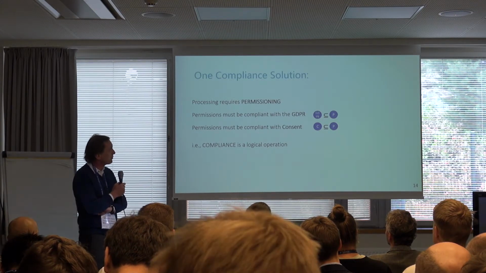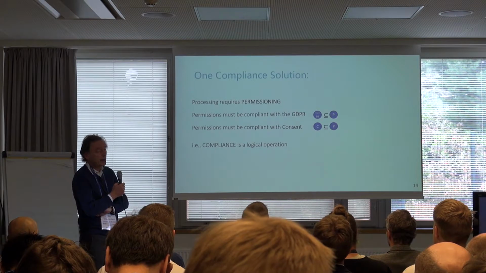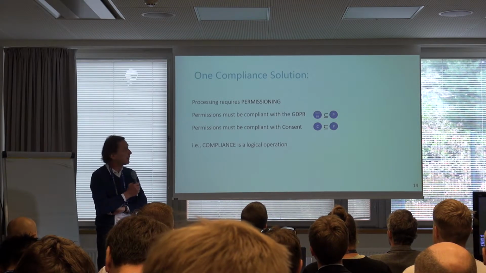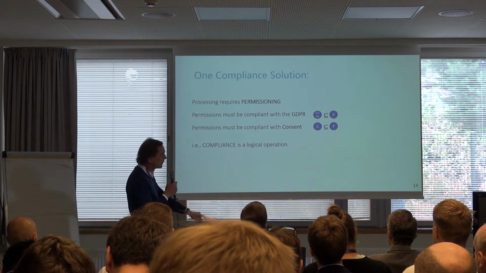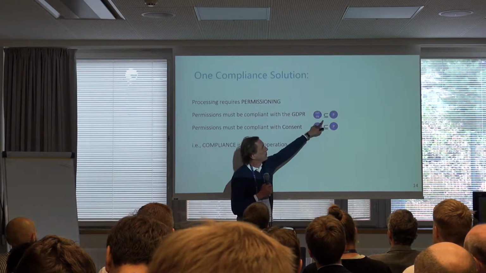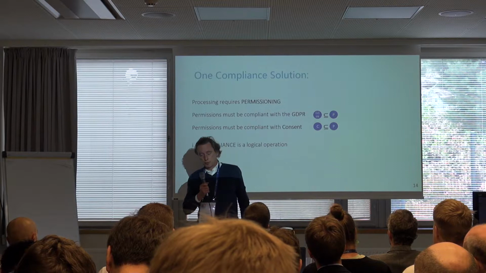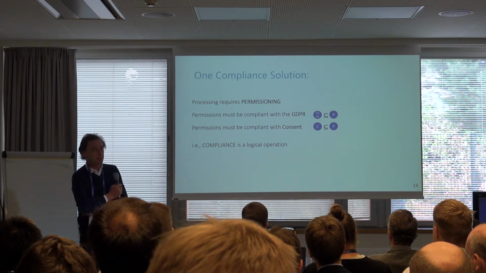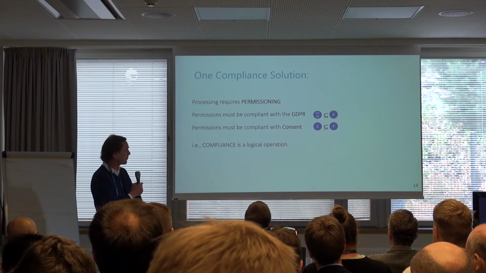If we have machine-readable descriptions of the permission and of the GDPR, we can do an automated compliance test. And this strange symbol here basically means, is this permission subsumed in the description of the GDPR? It's a subsumption test, which we can do at speed.